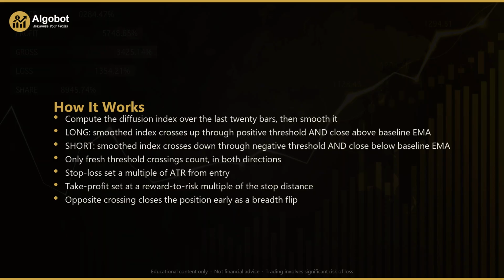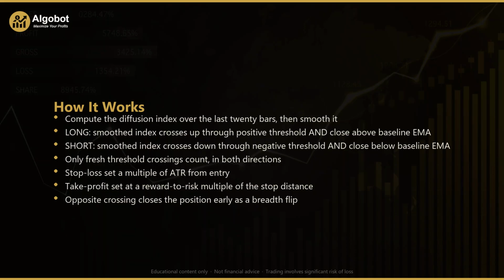The stop loss is placed a multiple of ATR away from entry, 2 times ATR by default. The take profit is then set at a reward-to-risk multiple of that stop distance, 1.6 by default, meaning the target is 1.6 times as far away as the stop. Before entering, the strategy also checks that the spread isn't wider than the allowed maximum, so it avoids poor fills.